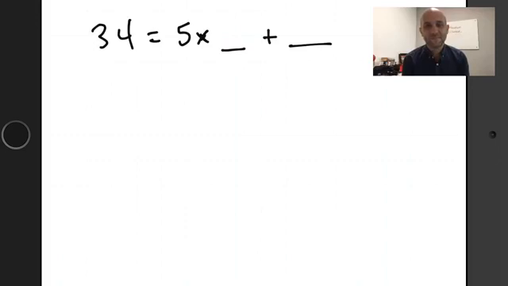Okay, and we're thinking our 5's facts. 5 times 6 is 30. 5 times 7 is 35, and that's too much. So I'm going to write a 6 here. And how many do I have to add on to 30 to make 34? And that's 4.